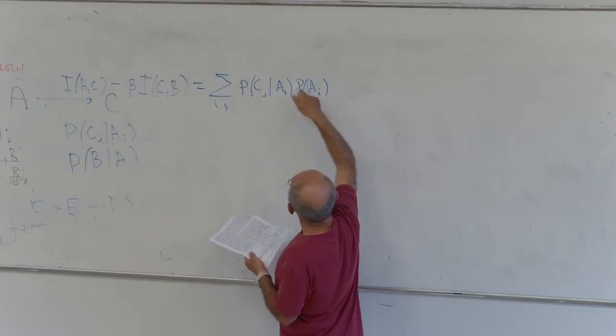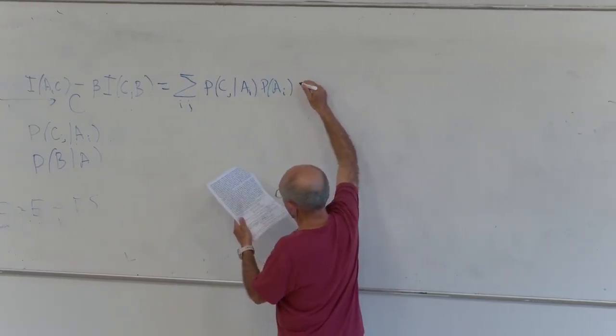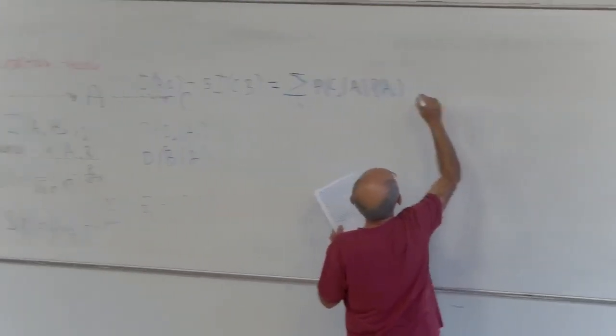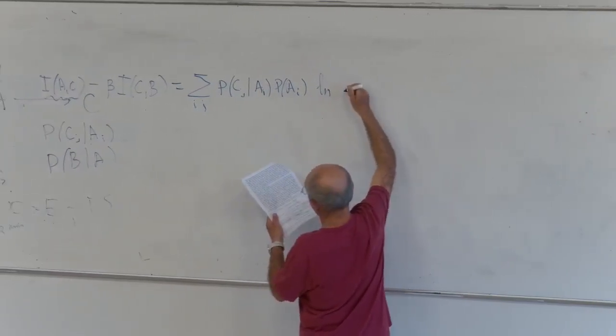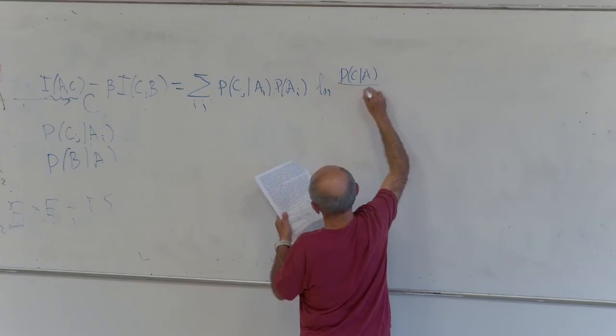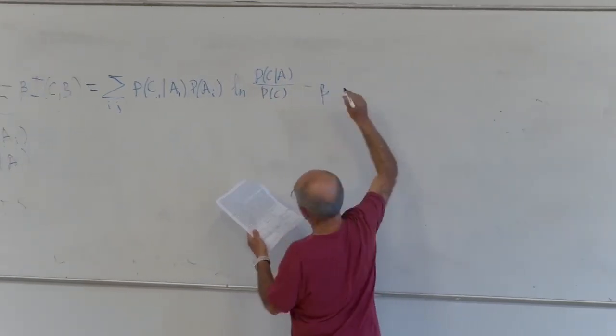The probability of A times the probability of C given A. And this is just a logarithm of P of C given A divided by P of C, and then minus beta.